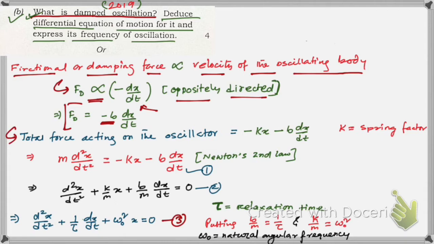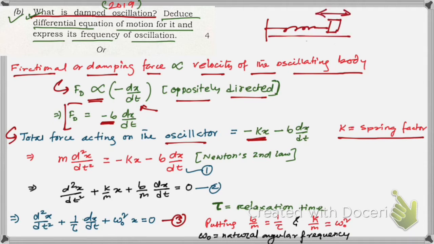Total force acting on the oscillator is going to be minus kx minus b dx by dt, where k is the spring constant, called the spring factor. Suppose you have an oscillator, this is a spring, and you have a mass here on the surface, and this is oscillating in to and fro motion.